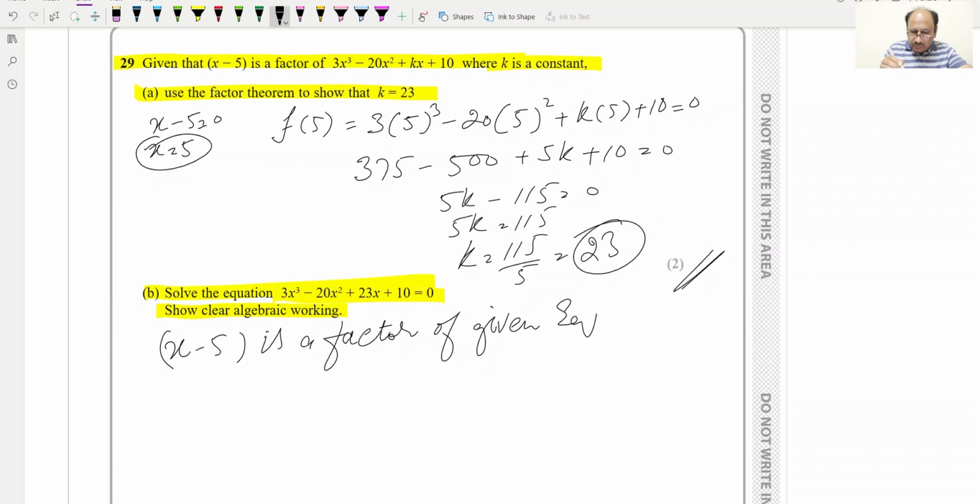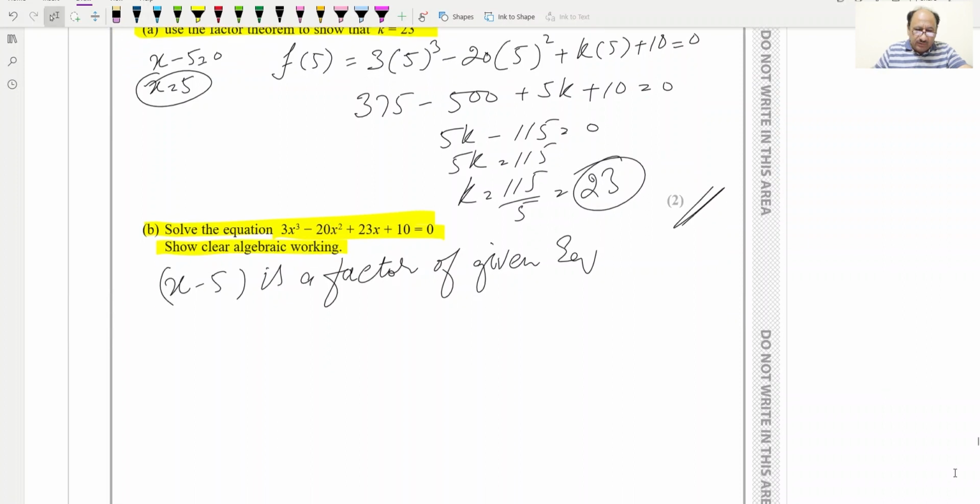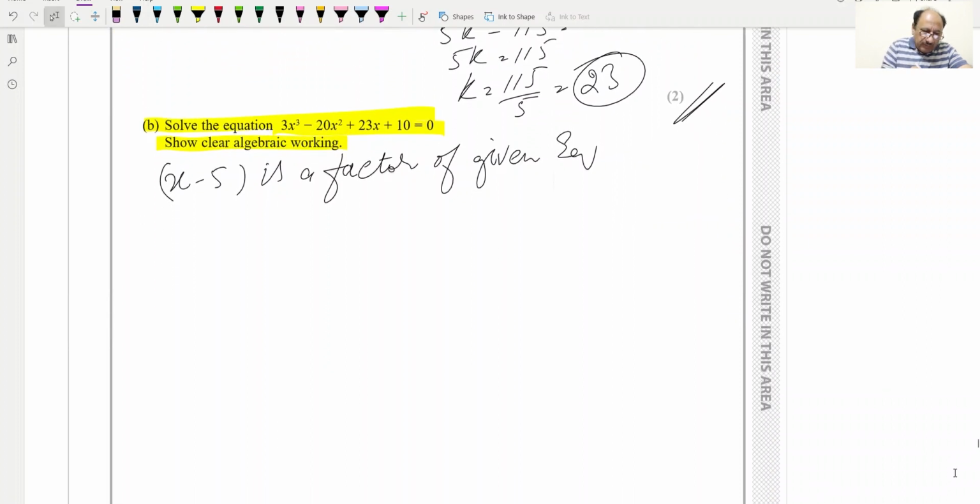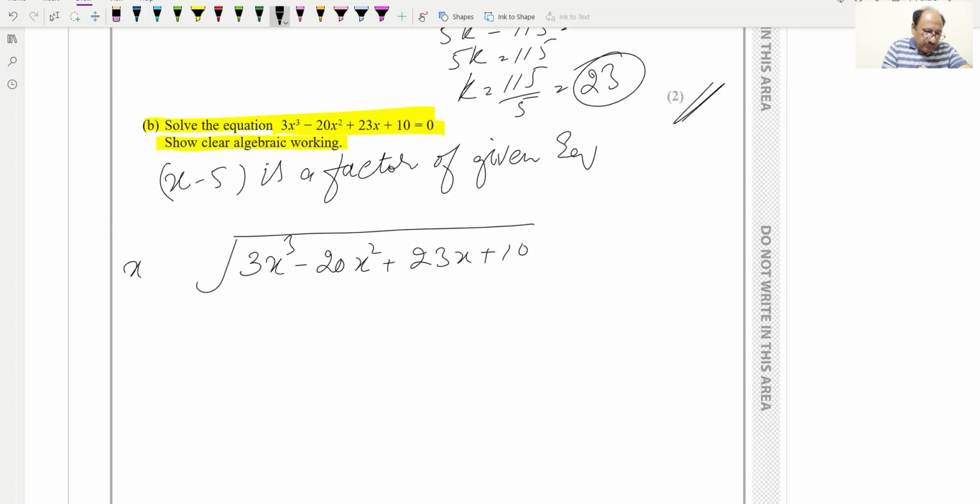So now we can divide the given equation, which is 3x cubed minus 20x squared plus 23x plus 10, by x minus 5, and this is how we can factorize.